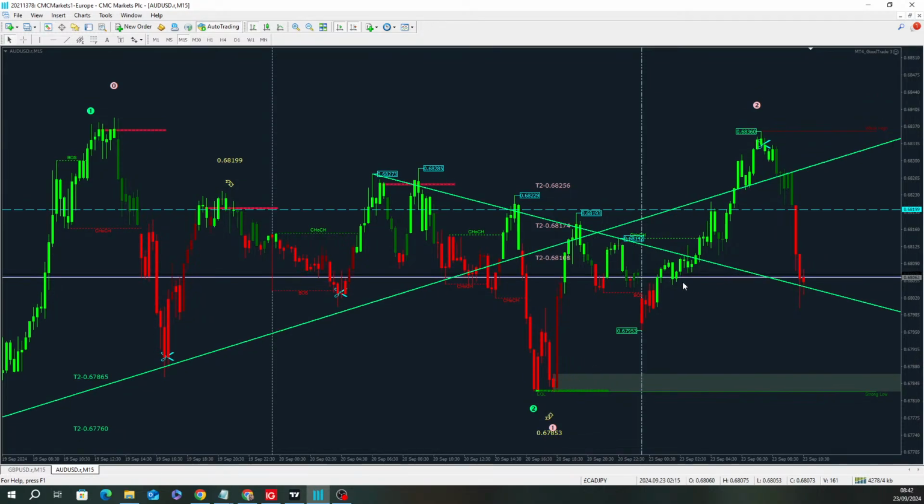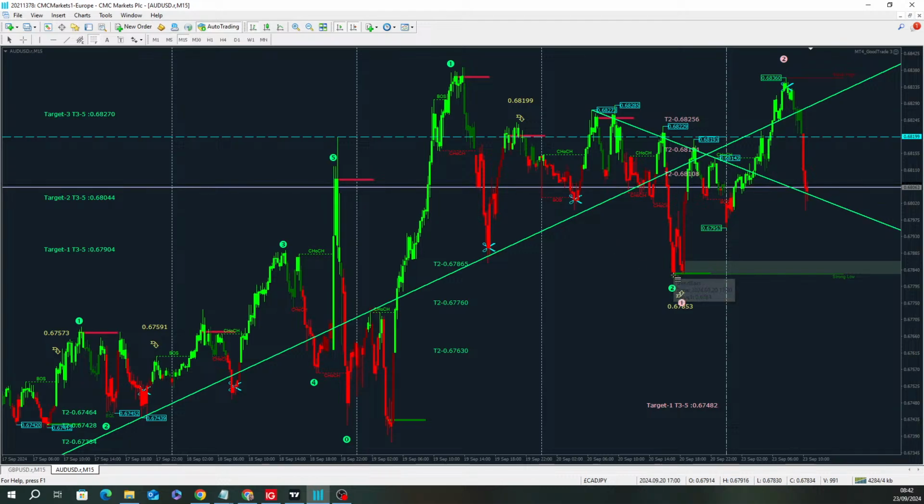How do we approach the Australian US dollar? The simple way to do that is also to use the Fibonacci. I'm going to use this swing Fibonacci from this structure to this momentum high.